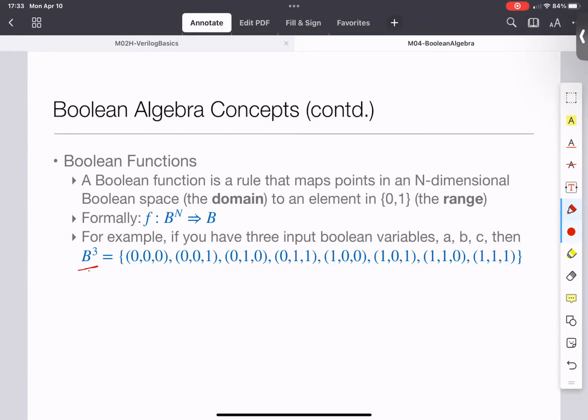The input space is referred to as the domain, the output as the range. You would have seen this in your algebra, domain of a function, range of a function. You are probably familiar with the concepts of many-to-one functions, onto functions, and so on. In this case, since we are going from a larger space to a single one-dimensional space, it is many to one, right? Many points will map to one of the points.